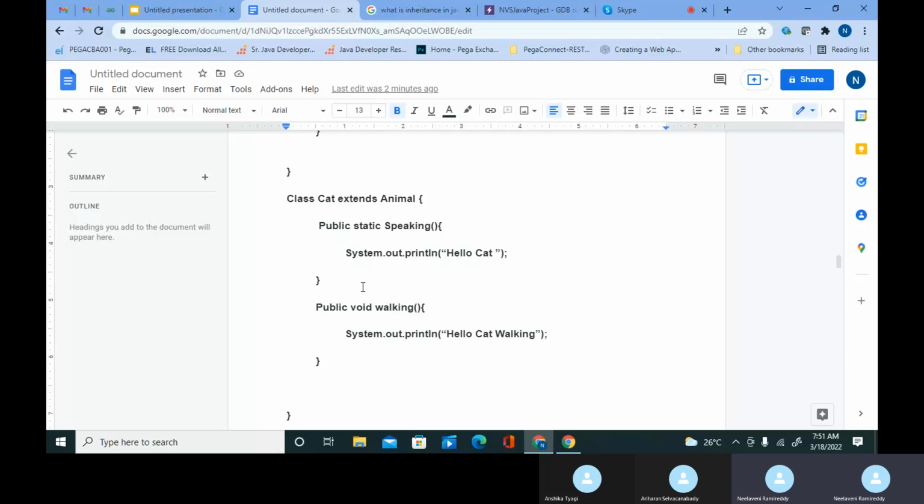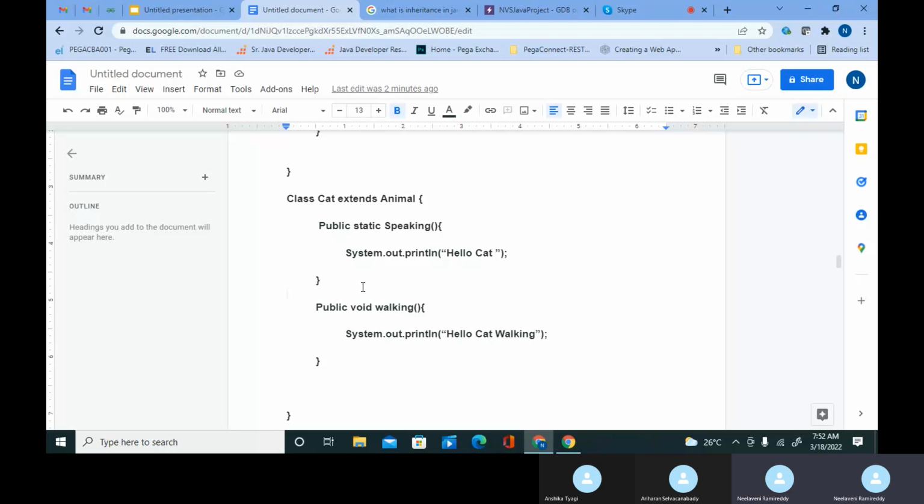What does runtime polymorphism mean? The name of the method and the parameters should be the same, and we add extra features to that method, maybe extra lines of code or changing the logic. So we override something in our child class. That we call method overriding or runtime polymorphism.